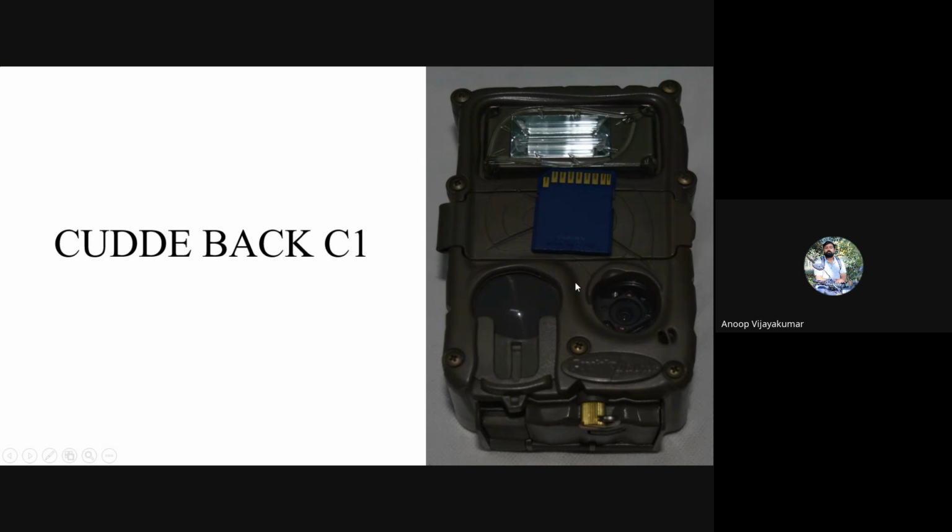These are automatic cameras with heat sensors and movement sensors. When any species or movement is in front of the sensor, it takes photos; we can set it to take photos and videos. We can keep them for many days, like a 30-day closure period, in the field with alkaline batteries.